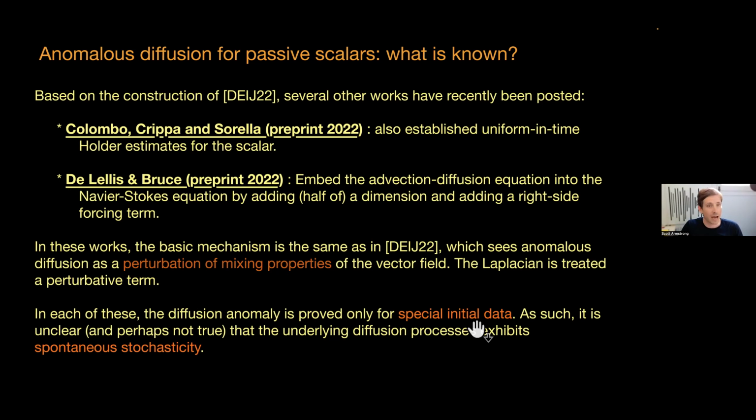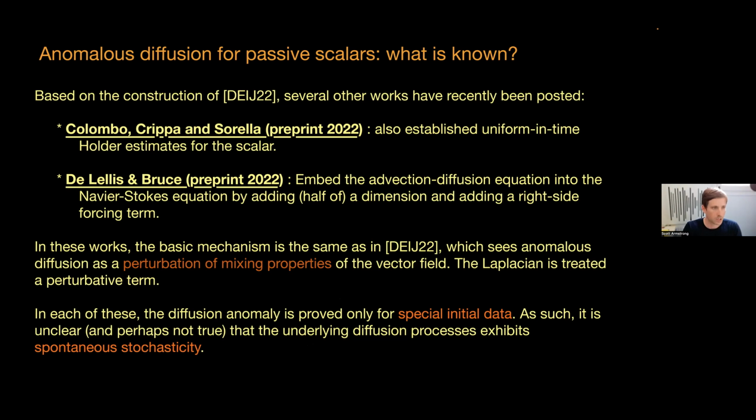In fact, I don't even think it's true that for this vector field it'll work for every initial data, because due to the equivalence with spontaneous stochasticity, I think the paths of the particles will be essentially deterministic as kappa goes to 0, except at the final time instant. And so I don't think it can make a big jump there. And so I think that actually it will not be true that for every initial data you have anomalous diffusion.